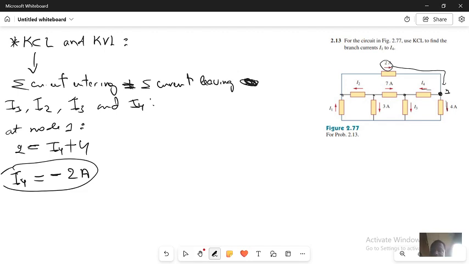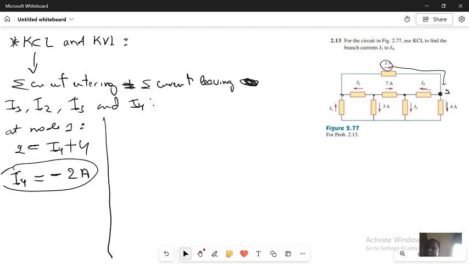Normally the arrow of the current I4 is drawn coming from this direction, and since we get a negative value, it means the current actually enters from this side. That's the meaning of this minus.